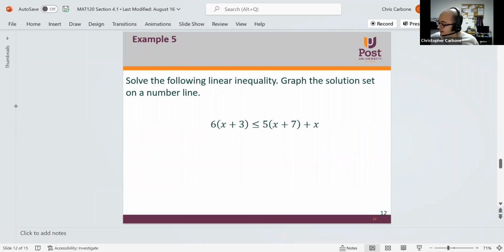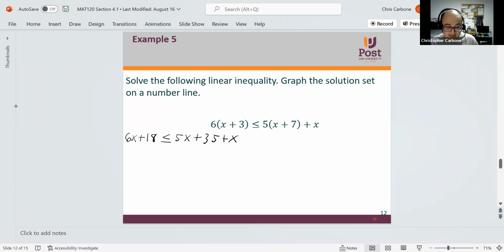For example 5, we have solving this linear inequality and graphing the solution set in a number line. 6 times x plus 3 is less than or equal to 5 times x plus 7 plus x. So distributing the 6 and the 5, respectively, 6x plus 18 is less than or equal to 5x plus 35 plus x.